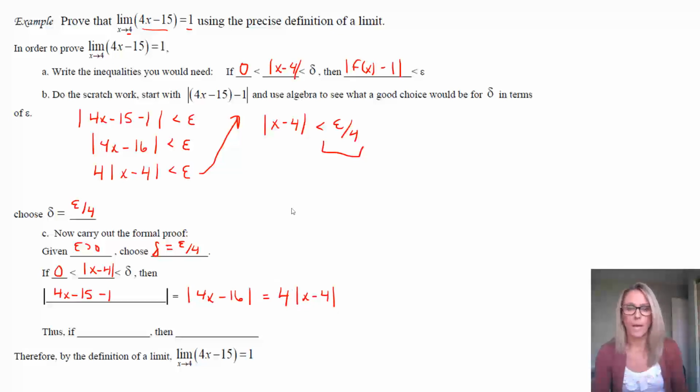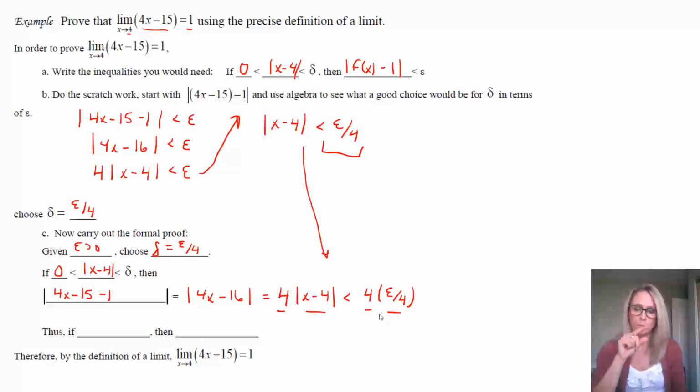Everything's equal. And then I take this fact that the absolute value of x minus 4 is less than epsilon over 4 to replace that x minus 4 with what it's less than. So it is less than 4 times epsilon over 4. I'm just taking this 4, bringing it over here, but since this piece is less than, this is true. And then of course, 4 times epsilon over 4 is just epsilon.